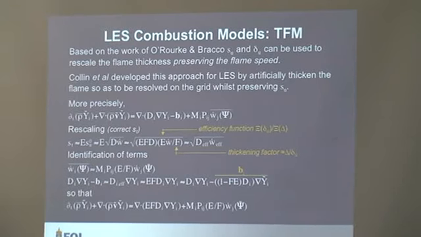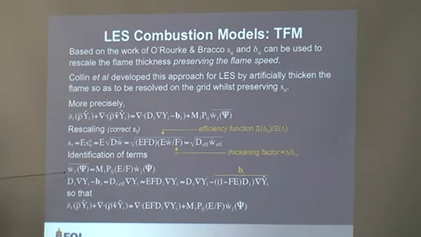So this will preserve the turbulent flame speed. What does it mean, effective reaction rate? You will be reducing your reaction rate with a factor of F. And then you will essentially increase your diffusivity with a factor of F. This is what they're doing.